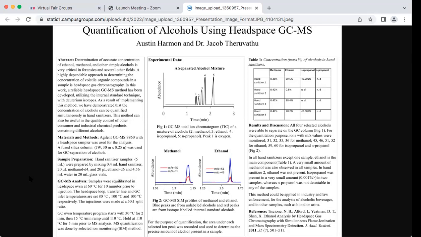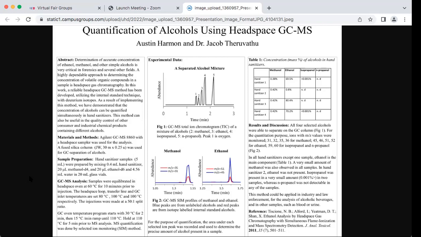We used methanol D4 and ethanol D6, which are both isotopes of the regular methanol and ethanol. But the ethanol, the methanol and all the other alcohols in the regular hand sanitizer contain the regular alcohols.